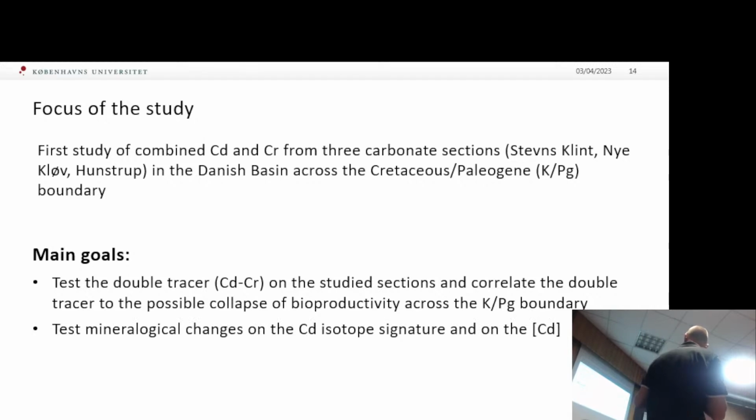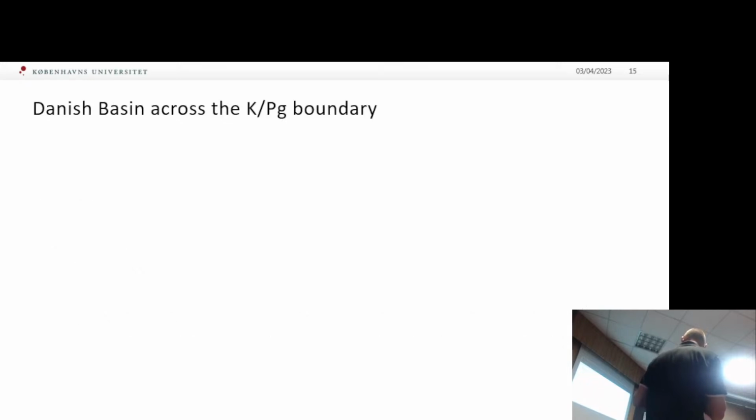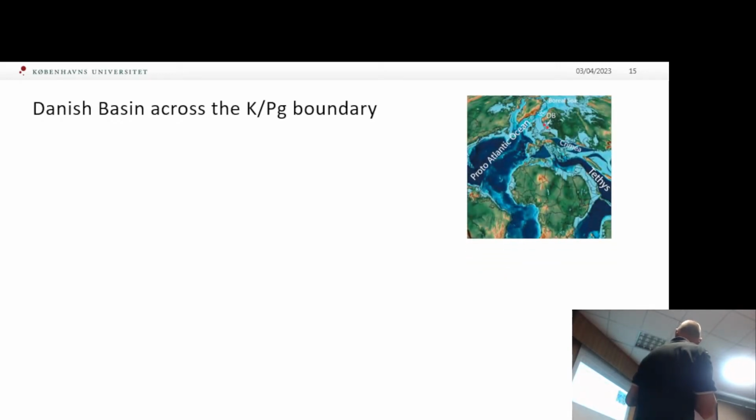Then we want to test the mineralogical changes on the cadmium isotope signature and on the cadmium concentration. So a little bit of background story, since I guess many of you haven't heard so much about the Danish basin. The Danish basin was placed here.